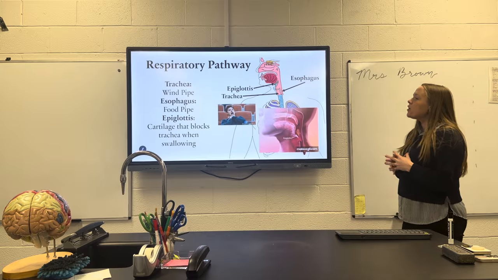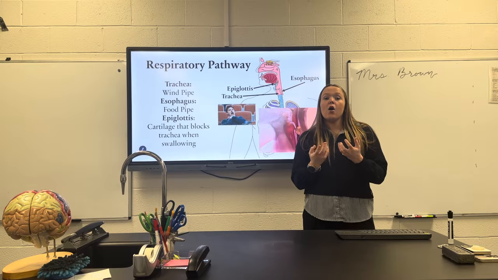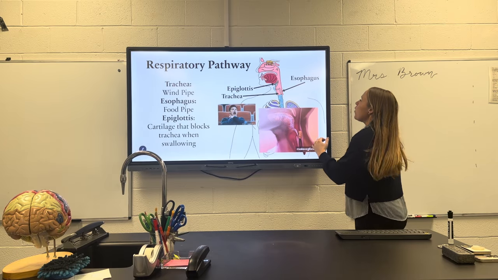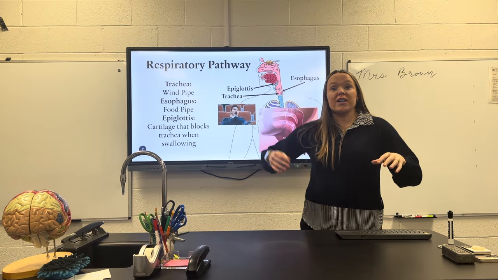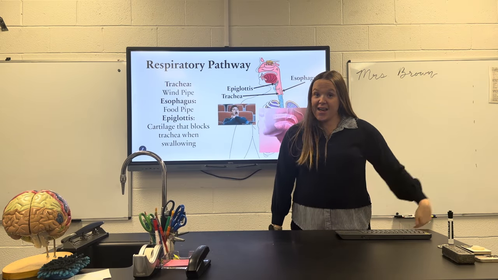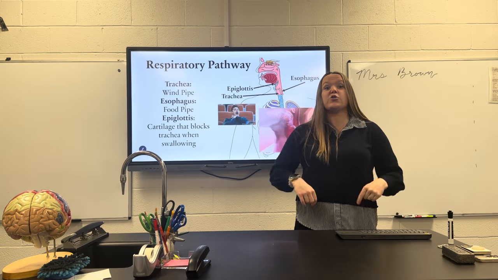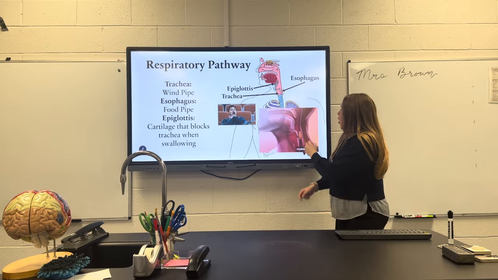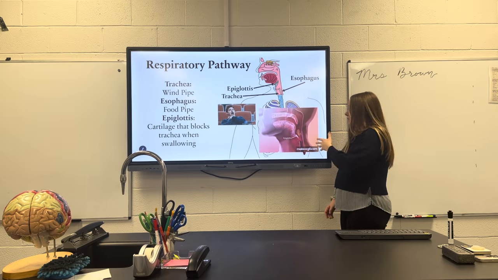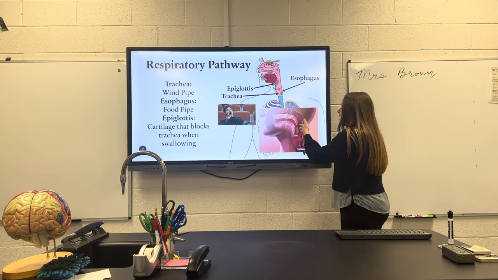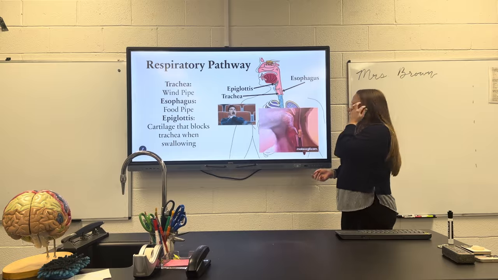The epiglottis blocks the trachea when we swallow. If we didn't have it, food or water could go into the esophagus or down our trachea, which would be really problematic because we'd be dumping food and water into our lungs. We want to block the passageway to our lungs to protect them and make the food go into our digestive system. That's why we have the epiglottis.